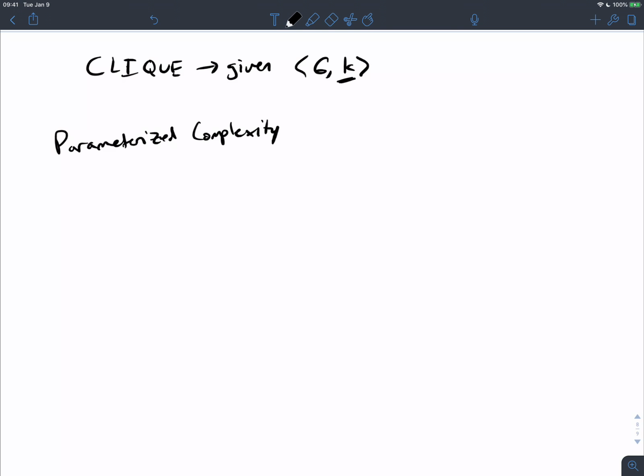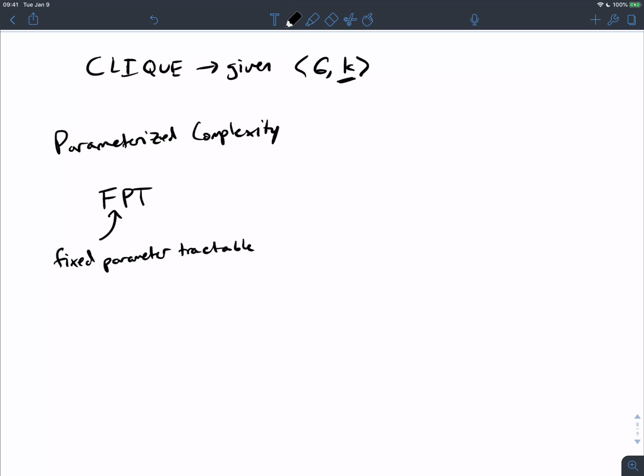So what people usually look at is a class called FPT, which stands for fixed parameter tractable. Some people have proved that certain versions of games and graph problems and network problems belong to FPT.